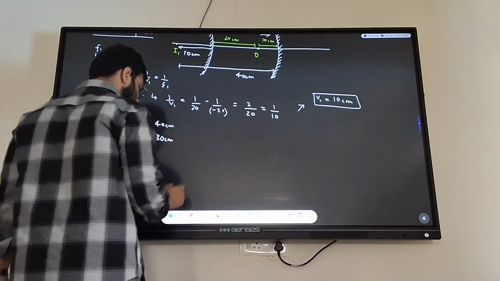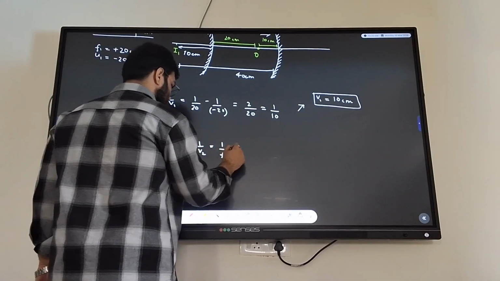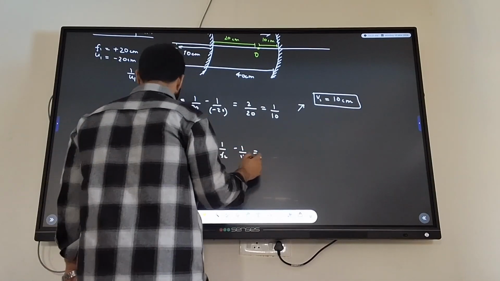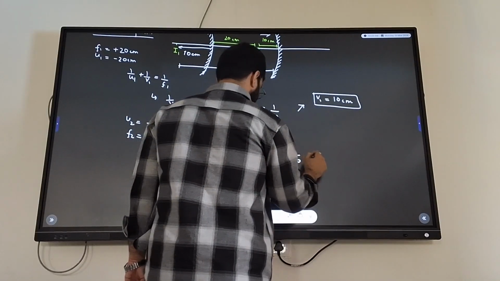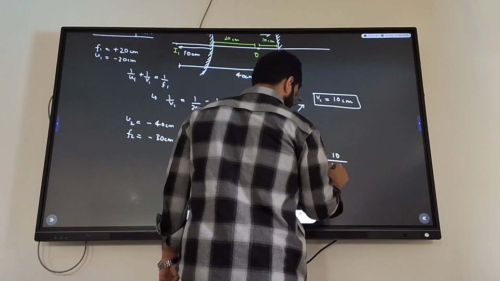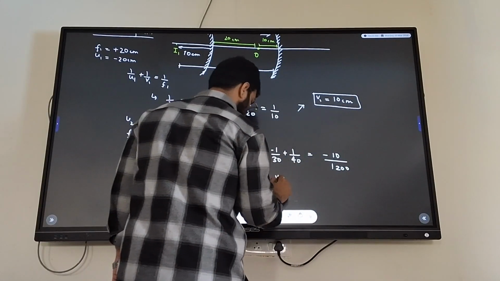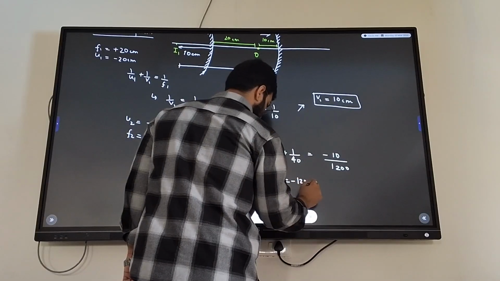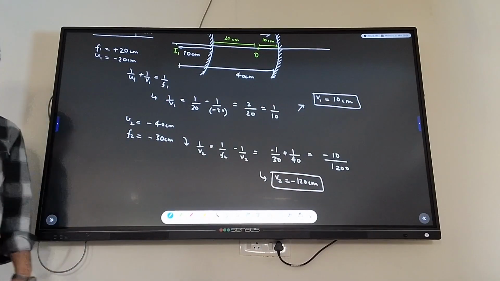And now you have to find the second image position. Then can you get it by the simple formula? 1 by V2 is equal to 1 by F2 minus 1 by U2. And this will give you what? I think you will get something like minus 10 by 1200. And this will give you V2 as minus 120. Image distance is negative. Where should you hope to find the image then? There.